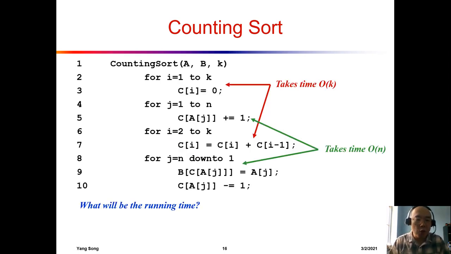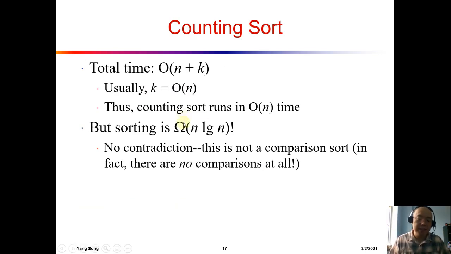In the code of the counting sort, do you see any greater than, smaller than, greater or equals, smaller or equals? No, right? We don't see any of those comparisons. So this counting sort is not a comparison sort. Since it is not a comparison sort, we are able to do even better than the omega n log n.